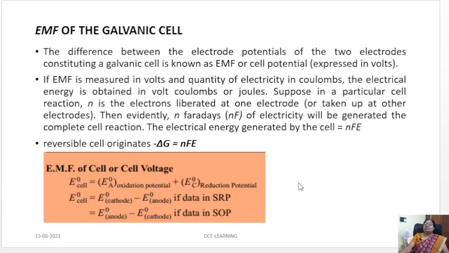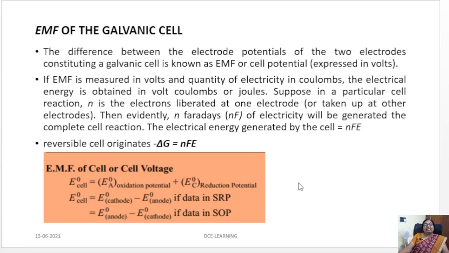Suppose in a particular cell reaction n electrons are involved, generating n F faradays of electricity to complete the cell reaction. The electrical energy generated by the cell is equal to nFE.